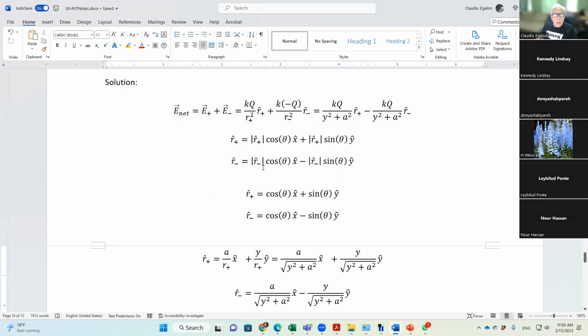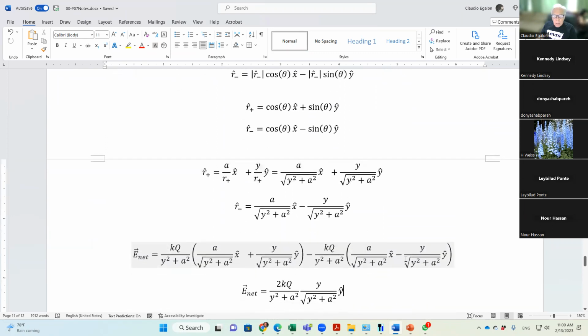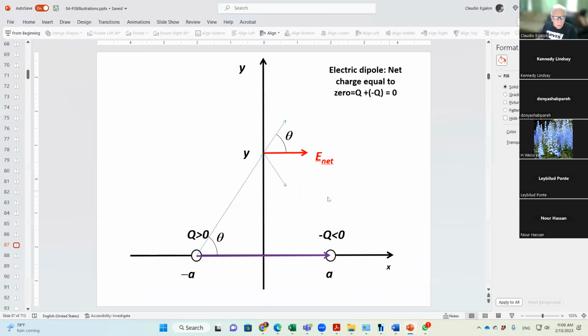What a shame. Let's see. R plus. Yeah, it's minus the y. Minus plus. I do not know what I made. Okay, let's have our break, and I'll figure out what was the problem here.